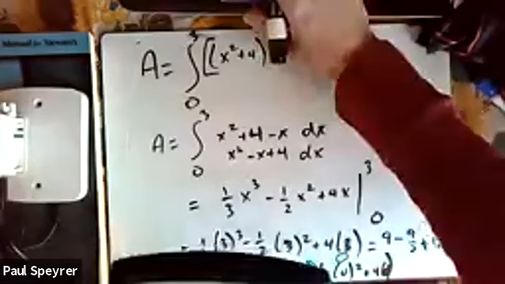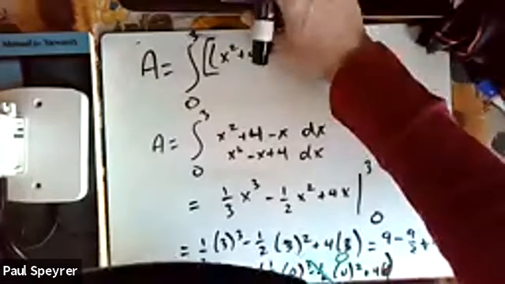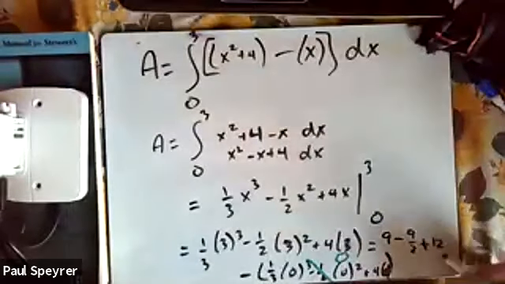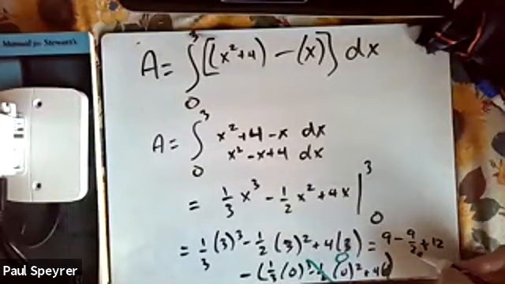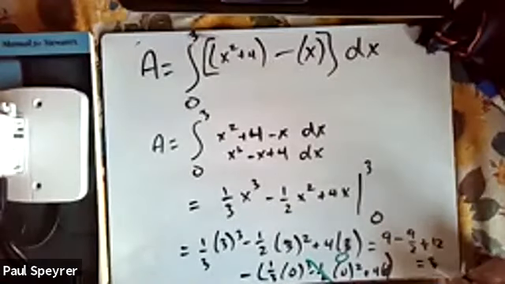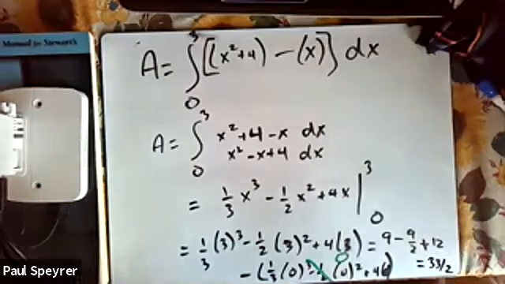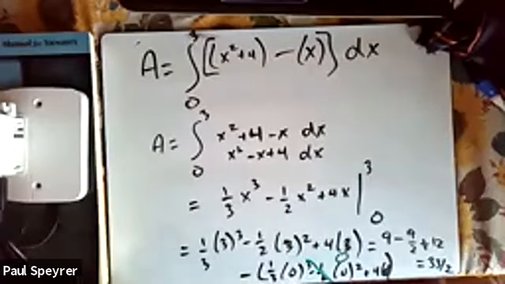All right, so let's see what we get. Crank this all out with the LCD and all that, we get 33 halves, like that. That is your area in this instance right here.